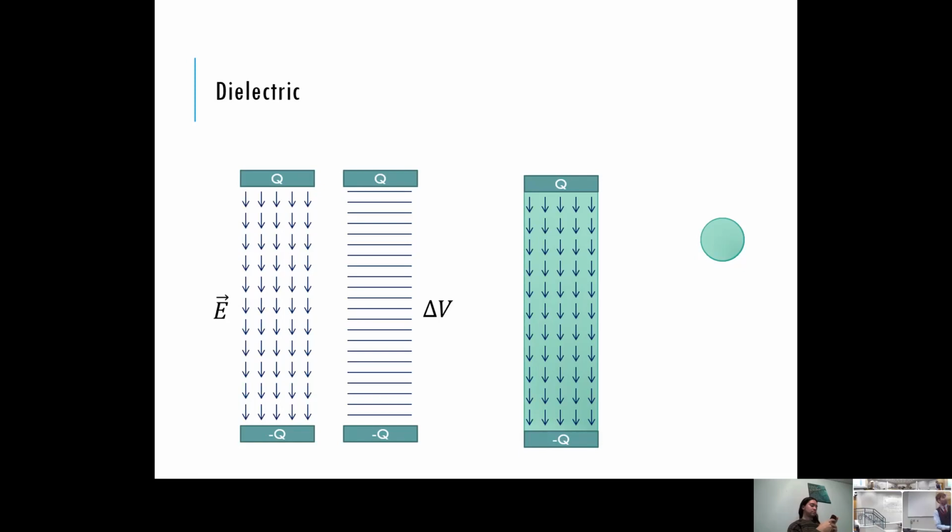If I take this happy atom, and I expose it to an electric field pointing down, what are the electrons going to want to do? Move up. What is the nucleus, the positively charged part of the atom, going to want to do? Move down. Right? This is what we called an induced polarization.